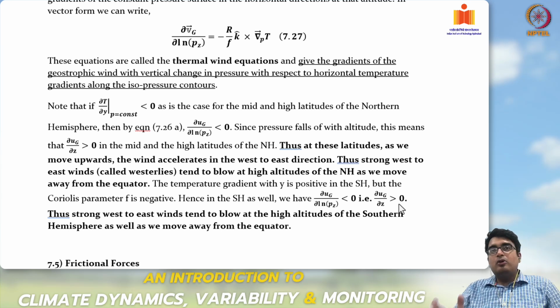Okay. So, in geostrophic balance, as we move up in altitude, you will have a stronger and stronger west to east moving acceleration of the zonal component of the geostrophic wind.